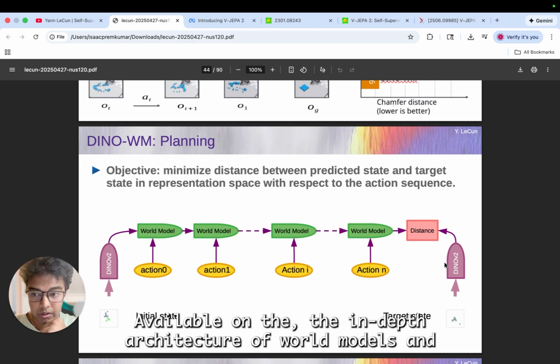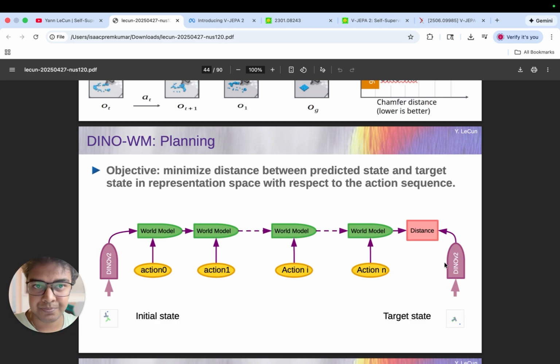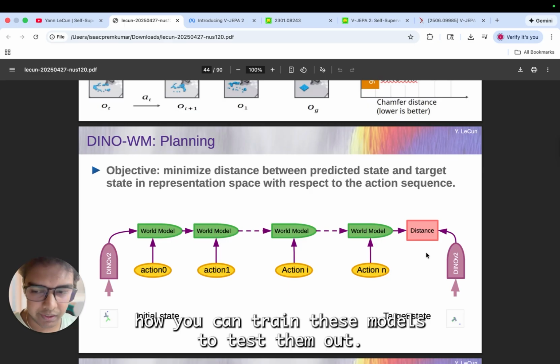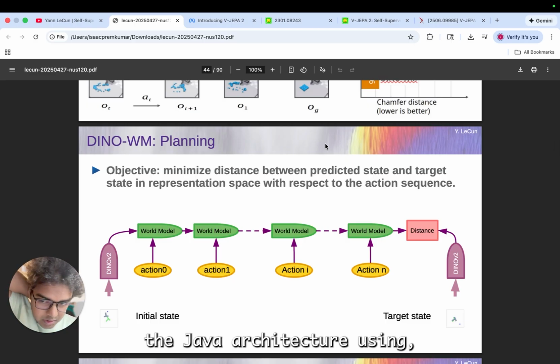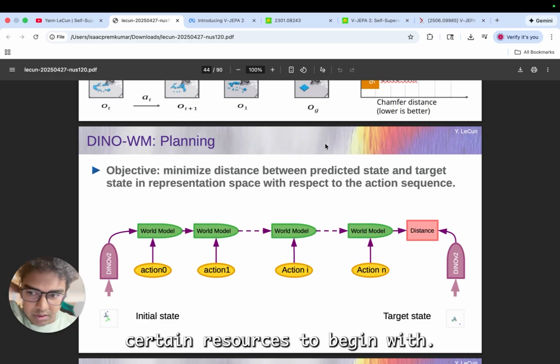There is a lot of information available on the in-depth architecture of world models, and how you can train these models to test them out. There are a few people who implemented the JEPA architecture using certain resources.